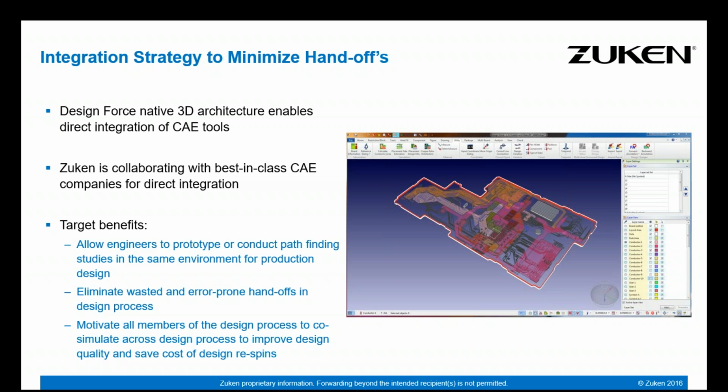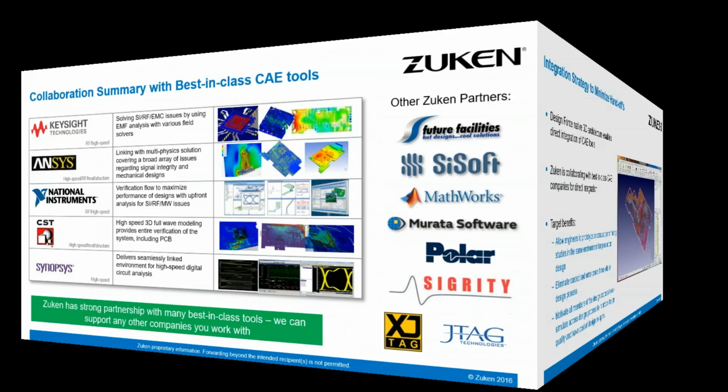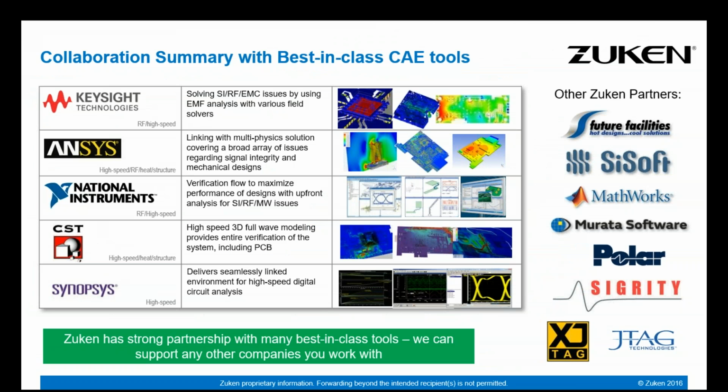Some of the target benefits they're looking at are to allow engineers to prototype or conduct pathfinding studies in the same environment as production design, eliminate wasted and error-prone handoffs in the design process, and motivate all members of the design process to co-simulate across the design process to improve design quality and save the cost of design respins. This is the collaboration summary with best-in-class CAE tools that Zuken has partnered with.